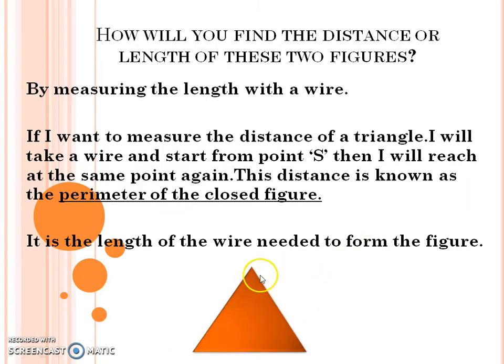I will start measuring from this point, that is S, and then I will proceed further and reach the same point again, S. So this distance, starting from this point and coming back to it, is called the perimeter of the closed figure. It is the length of the wire that is needed to form the figure.